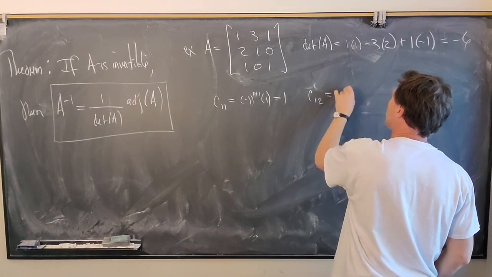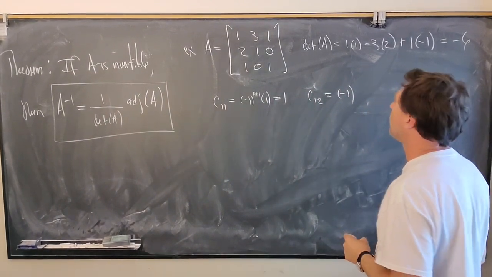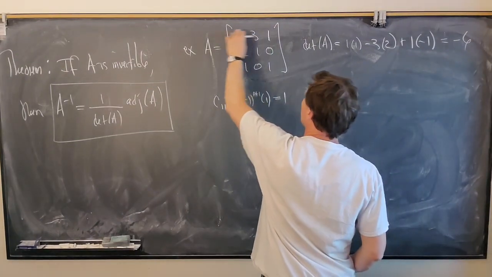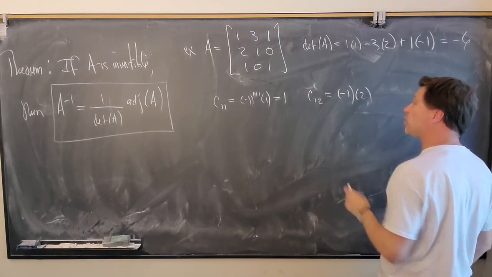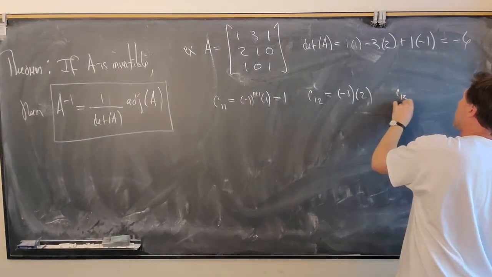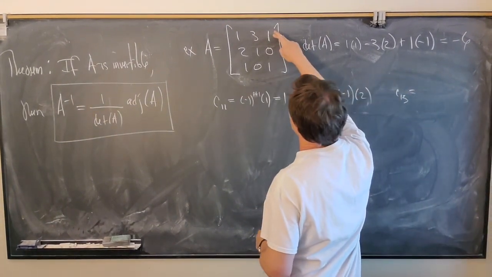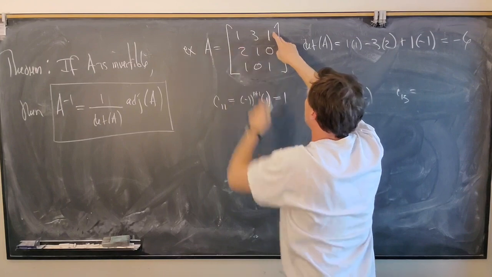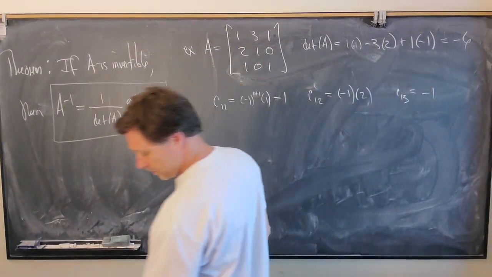C12 is going to be negative 1 raised to the third power. Then I delete the first row, second column, and that gives me a determinant of 2. So C12 is equal to negative 2. C13 is positive 1 times negative 1. Make sure I'm getting that right. Okay.